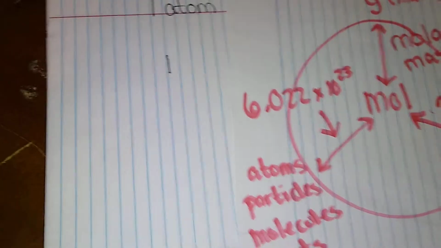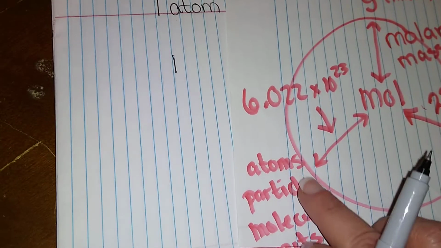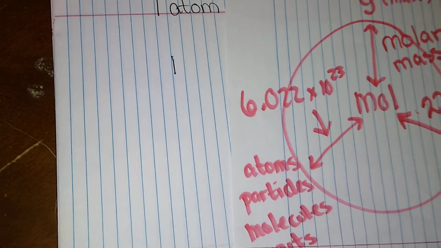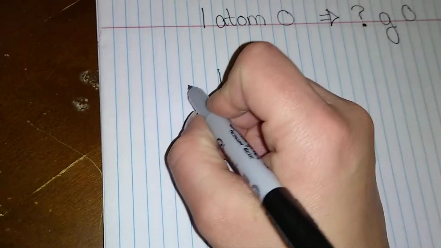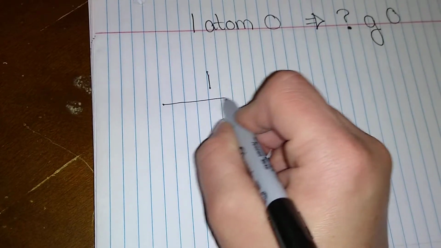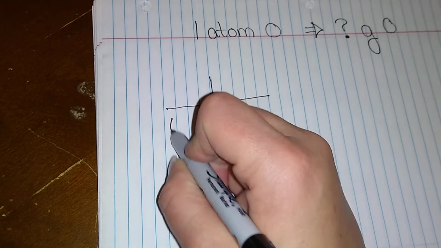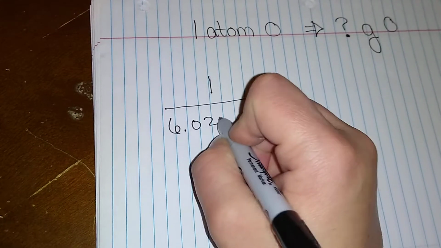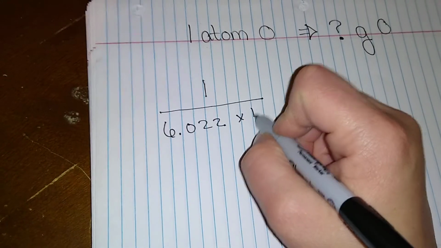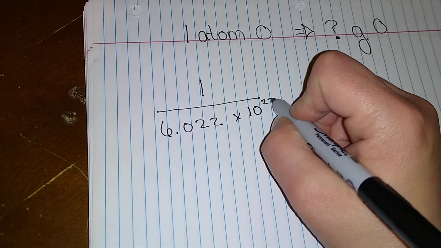That's the first number we touch when we're moving from atoms to moles, and then to grams. So we divide by the first number in our path, 6.022 times 10 to the 23rd.